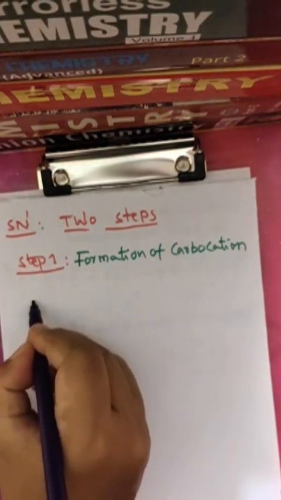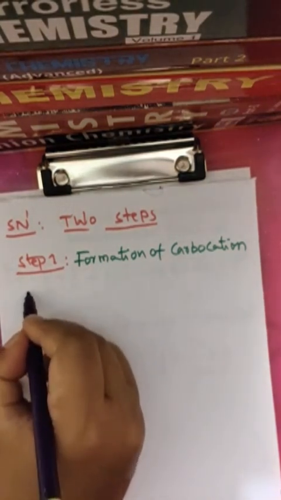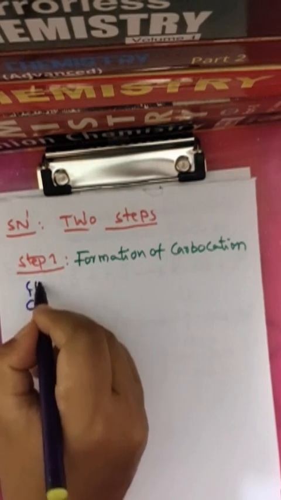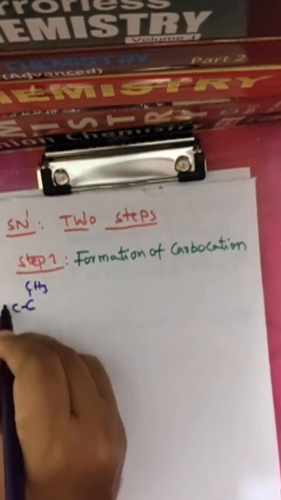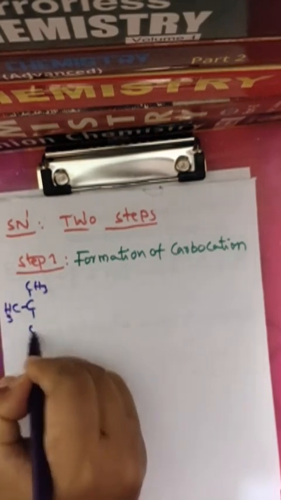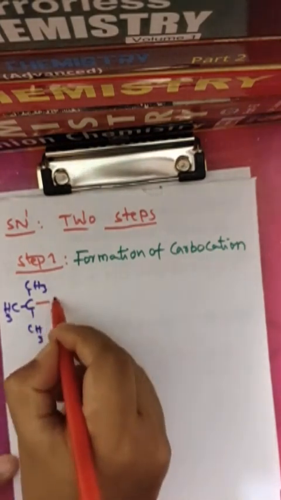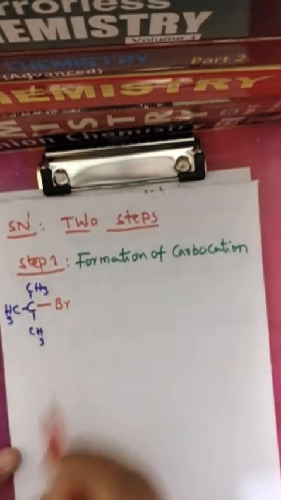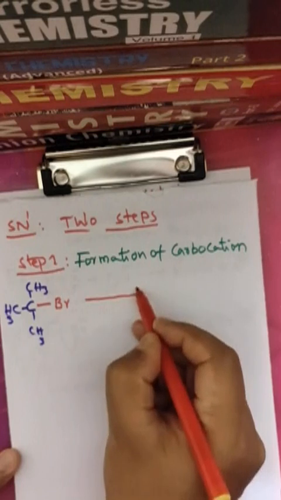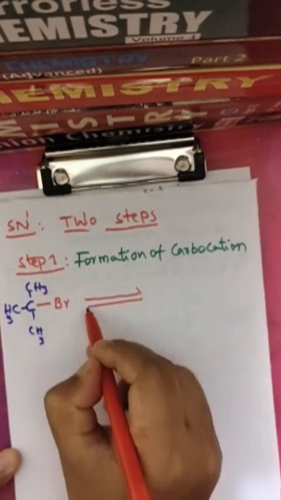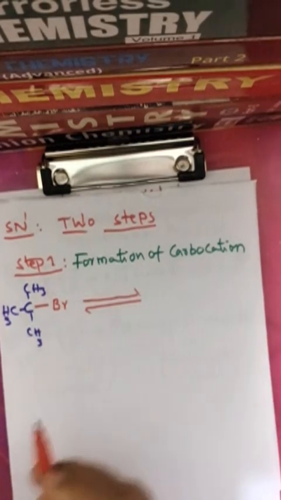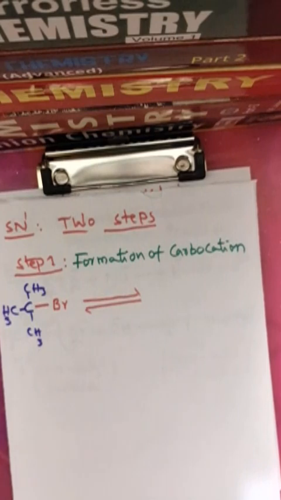I took tertiary butyl bromide. Tertiary butyl bromide means a 3 degree carbon. This is the tertiary butyl group, and I took bromide. It will be a reversible reaction. Here no need of any nucleophile.